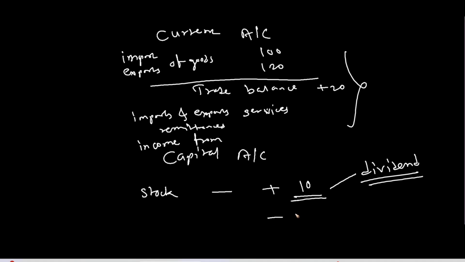Then it will enter as a negative $10 billion. Okay. So this way we will get our capital account balance. Okay. And this also includes loans.